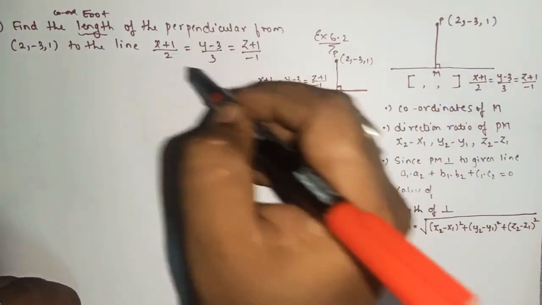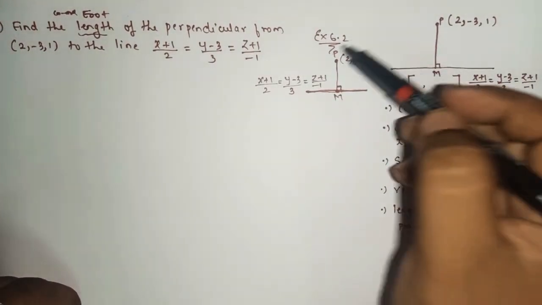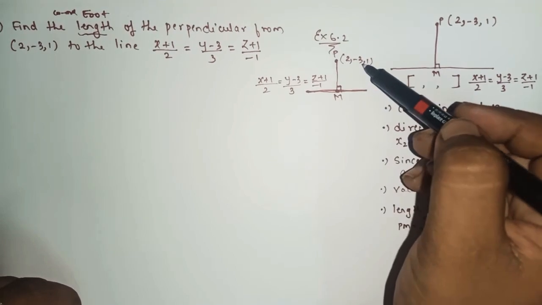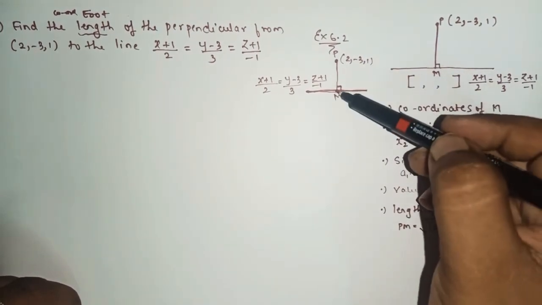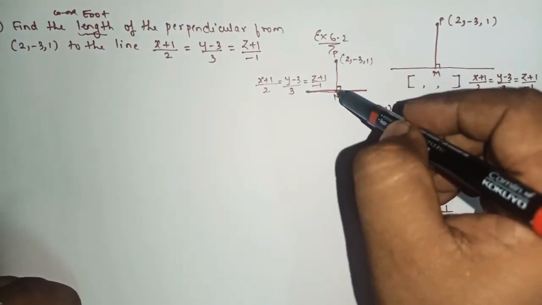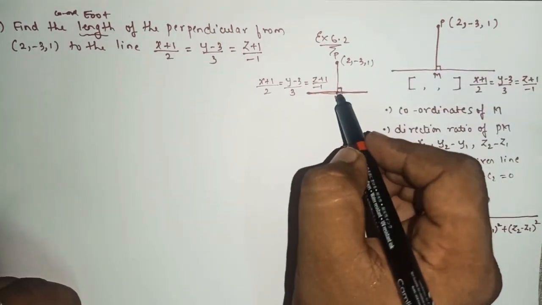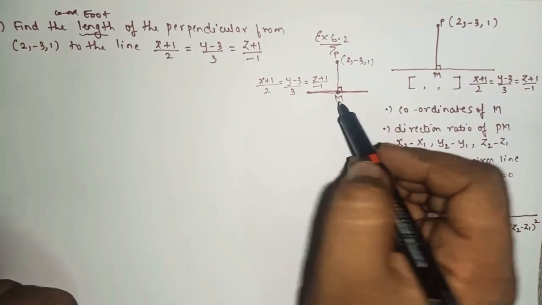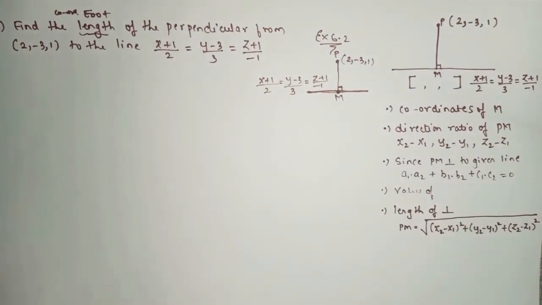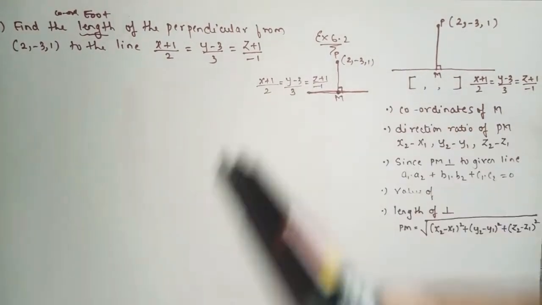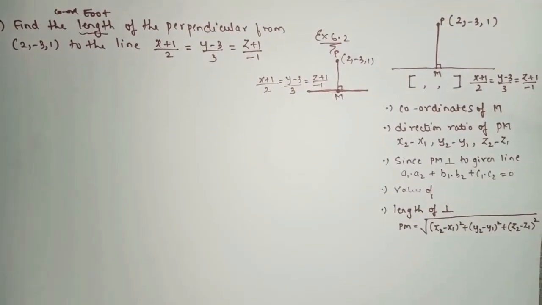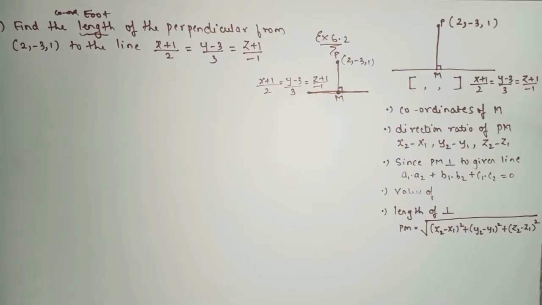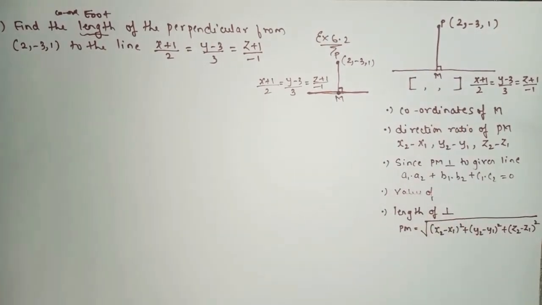We'll consider this P as 2 comma minus 3 comma 1, and this foot we'll take as M. So PM is perpendicular to this given line. These are the steps which you have to follow.